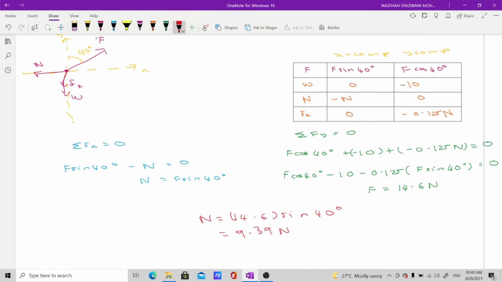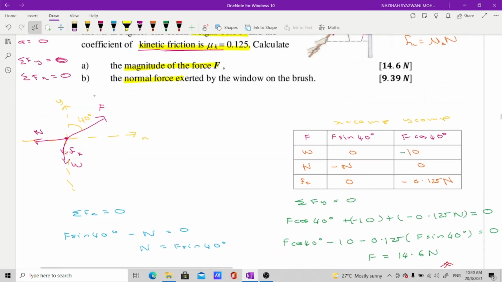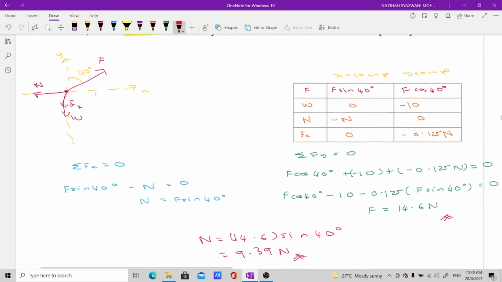So these are the two answers they asked from the question. So they only asked about the magnitude. So they ask you to calculate, therefore they are asking for magnitude. You don't have to worry about the direction.